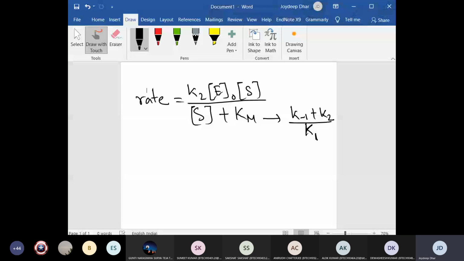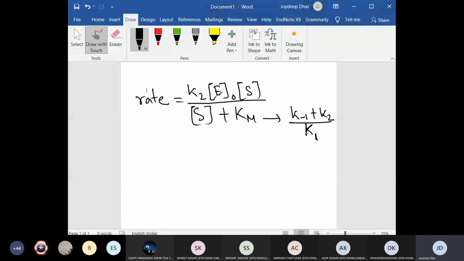So when all the enzyme pocket is converted into enzyme substrate complex, then this is the maximum rate, because physically you can understand that the product formation rate will be large or maximum when ES is maximum.